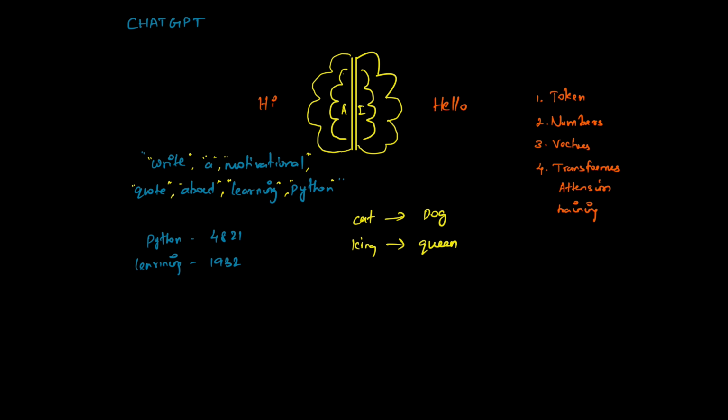In the attention mechanism, we pick which words need to be focused on. Let's say in this entire sentence, we know Python as in programming, and motivational for success or growth.